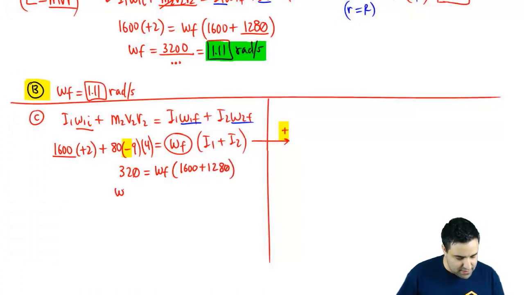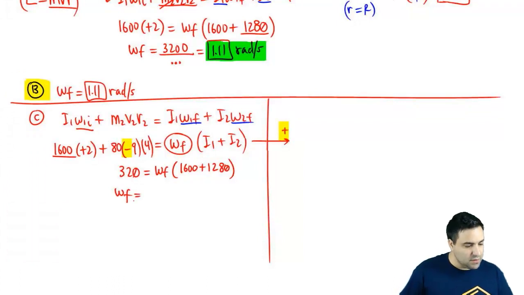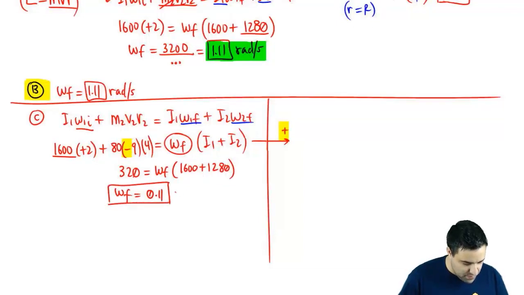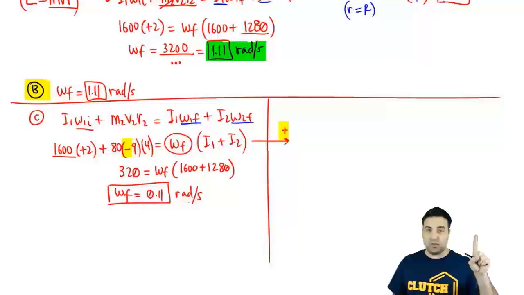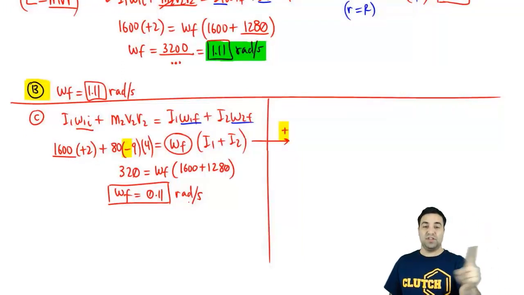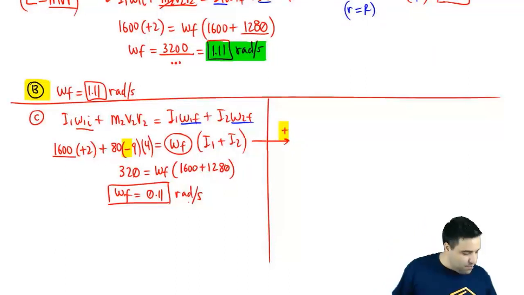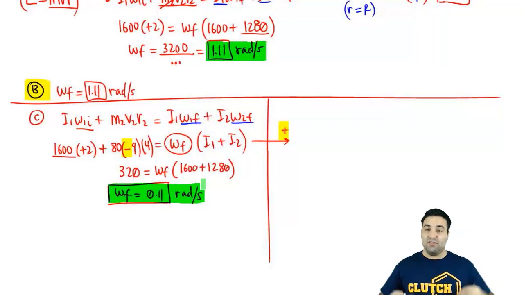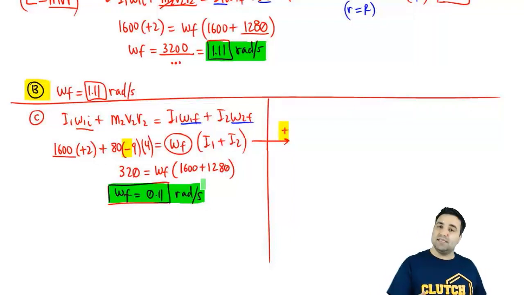And when you do all of this, you get that omega final is 0.11 radians per second. So the idea is that the disk was spinning in a particular direction with 2, you jumped against it, and you brought it all the way down to 0.11. So you had enough velocity that you almost caused the disk to stop.